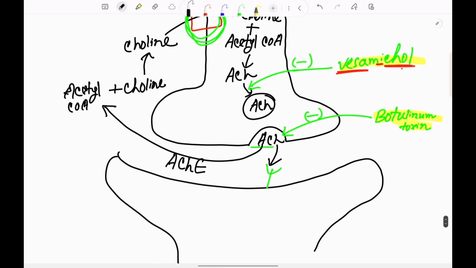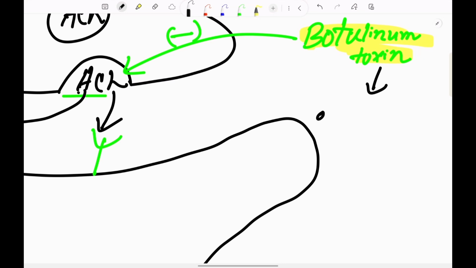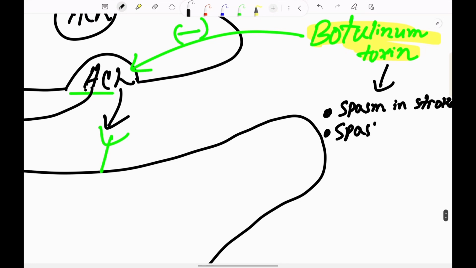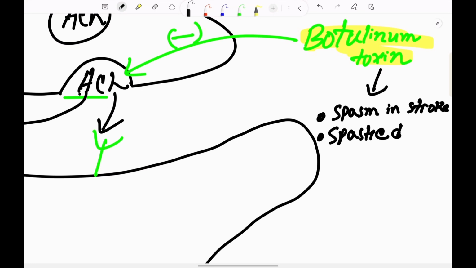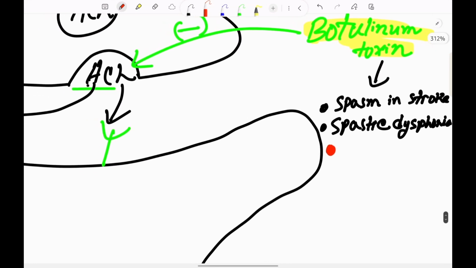Botulinum toxin is used in different clinical conditions. It mainly relieves spasm in different neurological conditions like spasm in stroke and spastic dysphonia, which is produced due to a spasm of the muscle which produces voice. And the most important use of botulinum toxin right now is beauty treatment.